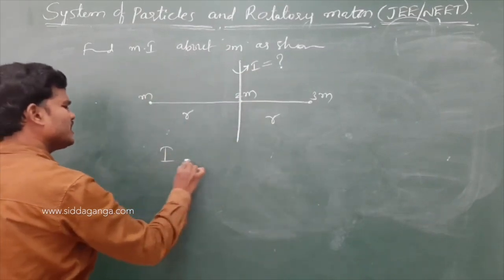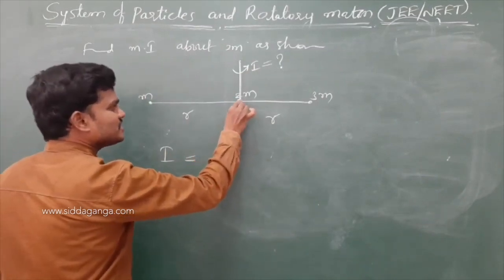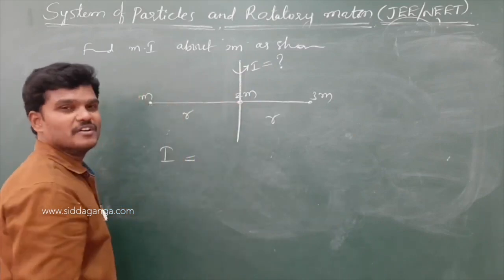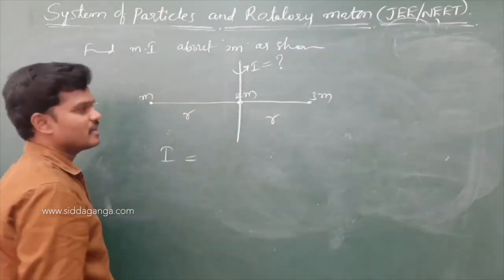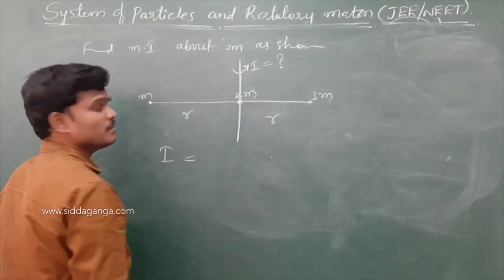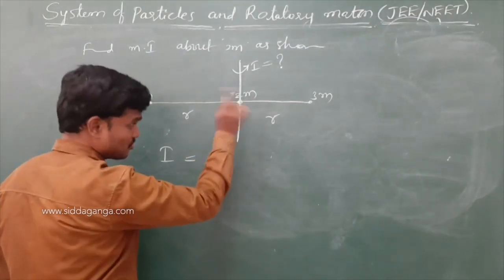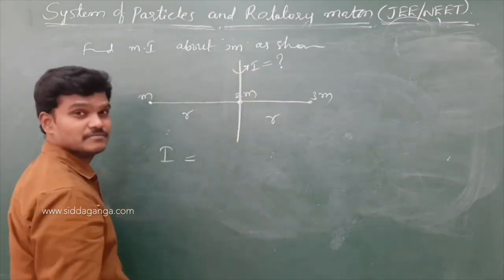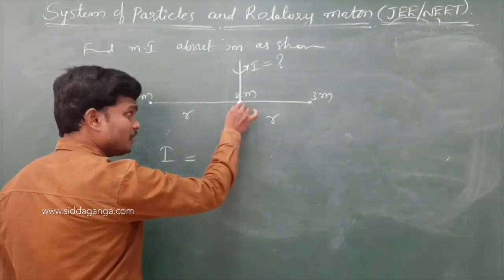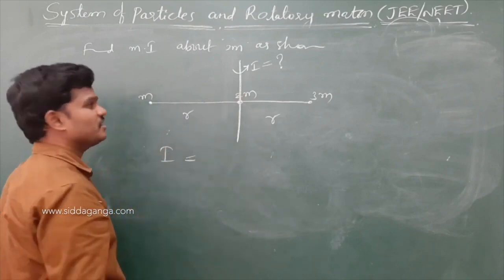About this axis, due to the 2m particle there is no moment of inertia, because mass is there but there is no perpendicular distance from the axis of rotation. So about 2m there is no moment of inertia.